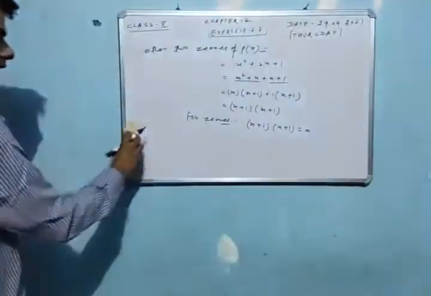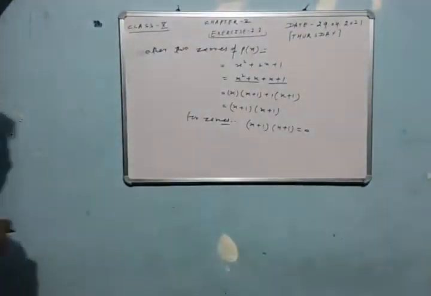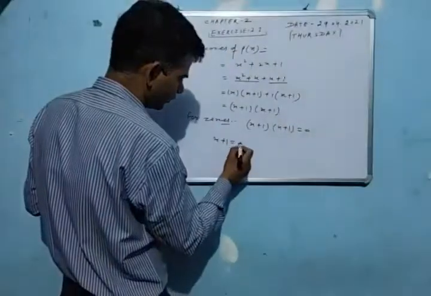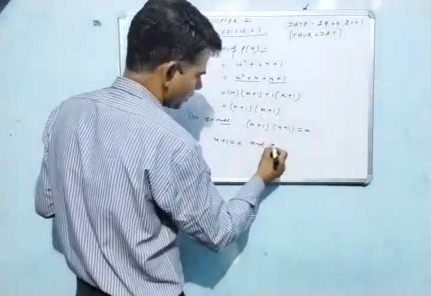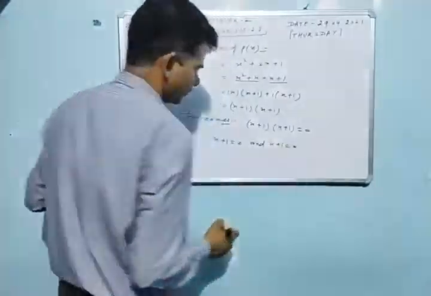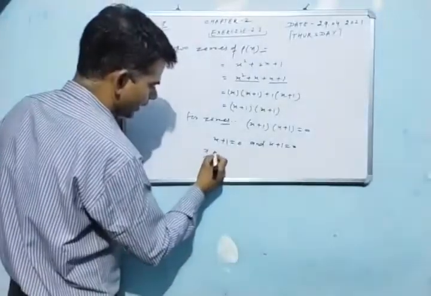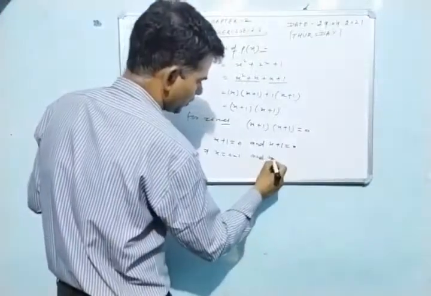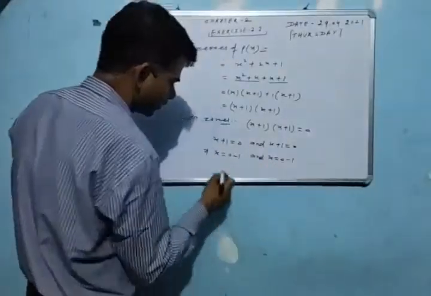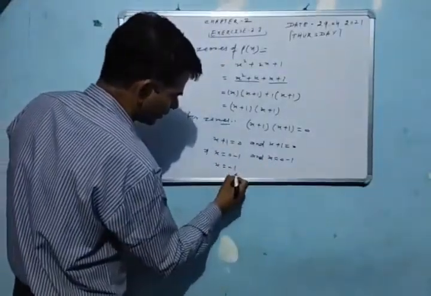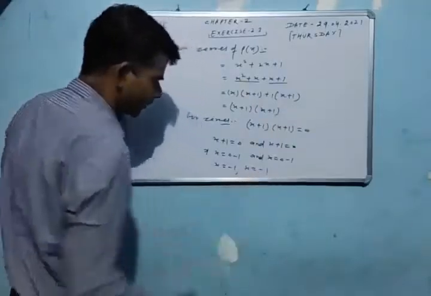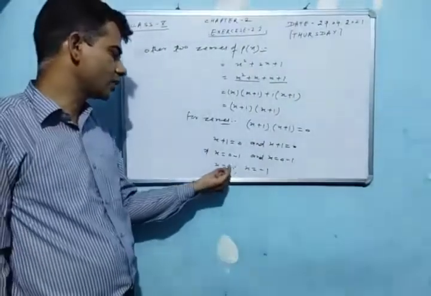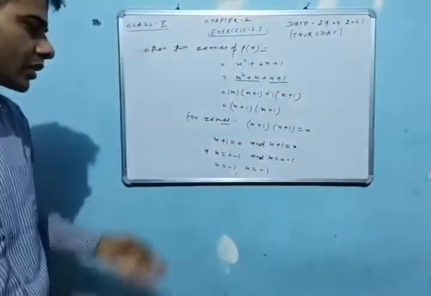Now student, if x plus 1 equal to 0 and x plus 1 equal to 0, that is x is equal to minus 1 and x is equal to minus 1. So student, the other two zeros are x is equal to minus 1 and x is equal to minus 1.